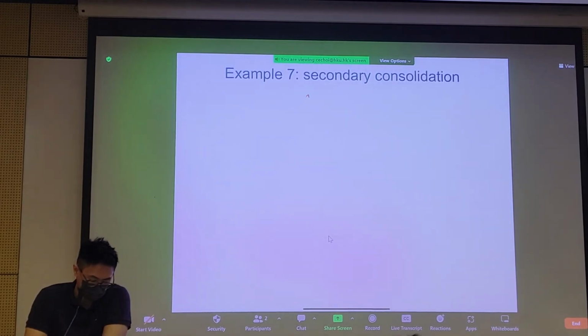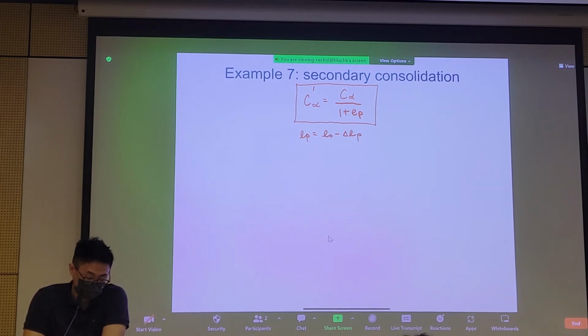First of all, we have to calculate our secondary compression. And if you remember from just 2 slides ago, we can calculate secondary compression by using this expression. So e_p is the void ratio at the end of primary consolidation. So we know e_p must be our initial void ratio minus the change in void ratio at the end of primary consolidation. So the first thing we need to do is, well, how much void ratio change do we expect at the end of primary consolidation?